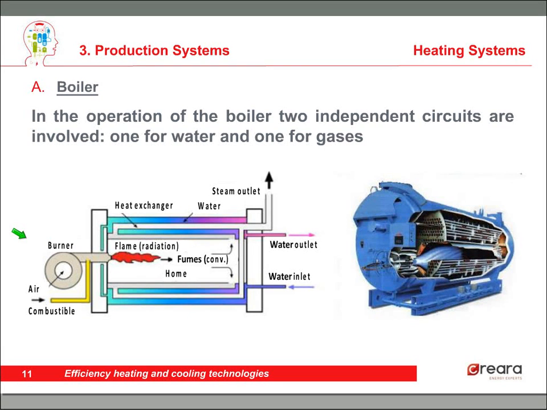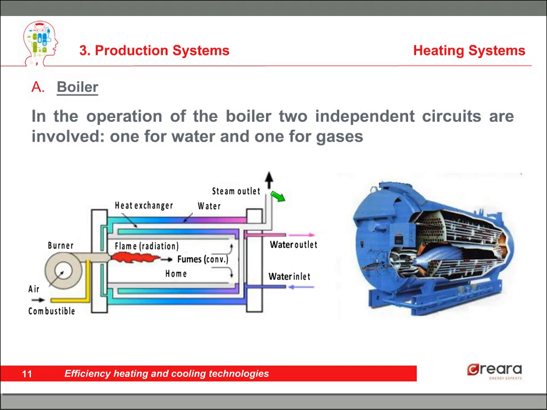Another part of the boiler is the combustion chamber, which is obviously where the combustion takes place, and is the place where the heat exchange happens between the chamber and the liquid, in this case water. Once the water is completely heated, it is going to be distributed throughout the building, throughout all the distribution systems.